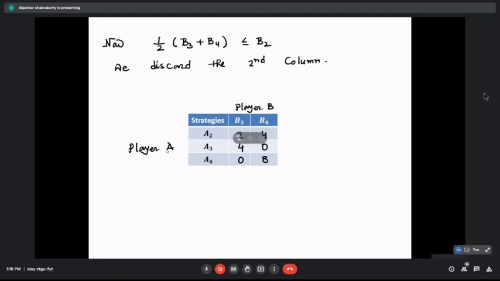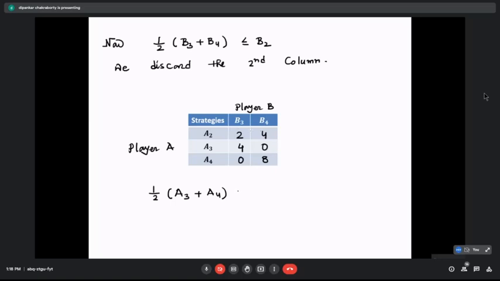Do you find any relation? A2 is dominating A4? No. Well, half of A3 plus A4. What is coming? A3 and A4, half of 2 and 4, and A2 is also the same.